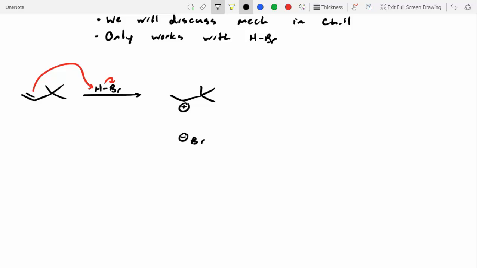So the hydrogen, I'm not drawing it, but it's still coming off of there. It's an assumed hydrogen. So now we could have this bromide attack from this face or that face. And this could result in two different products.